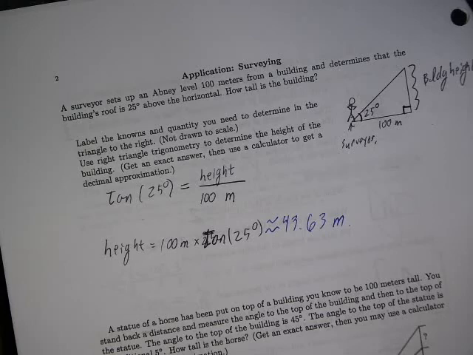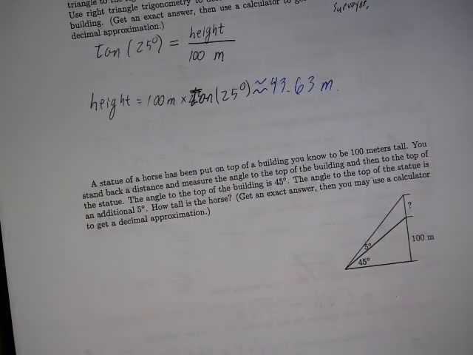Let's do one additional one, and I think maybe I'll even give you some time to meditate on this. There is a building whose height you have measured by using this technique. You found the height of the building to be 100 meters. You stand back a distance. You don't bother measuring what distance you stand back.